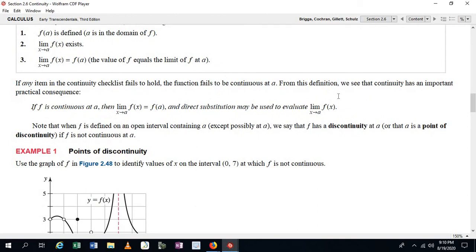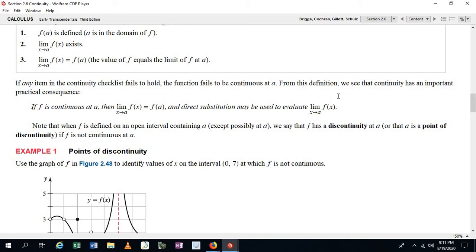Now there's an important result that we can pull out of this definition of continuity at a. If you remember, earlier we talked about using direct substitution to evaluate limits.